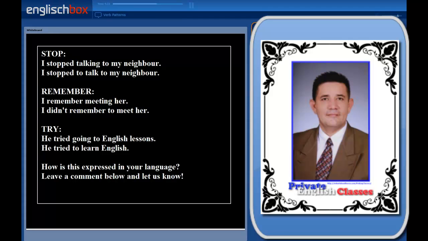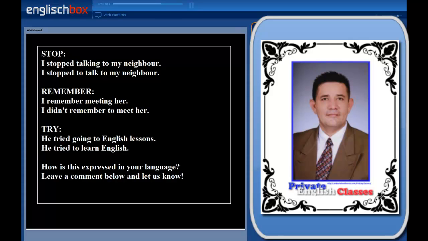I stopped talking to my neighbor means I finished the conversation. I finished the action. And then I did something else. I stopped to talk to my neighbor means I stopped one action in order to talk to my neighbor. For example, I was walking along the street, I stopped walking, and I started talking to my neighbor.